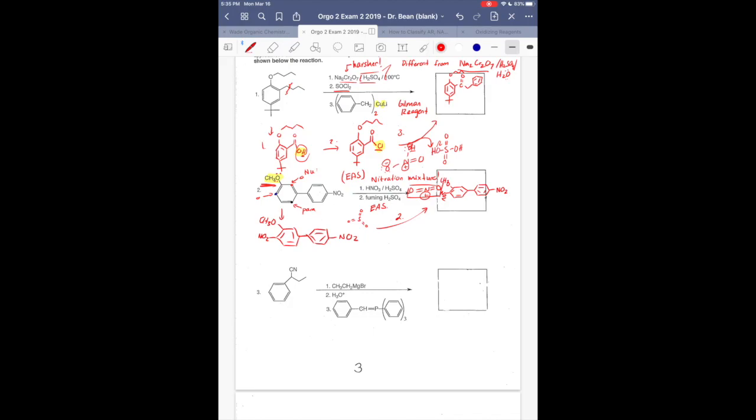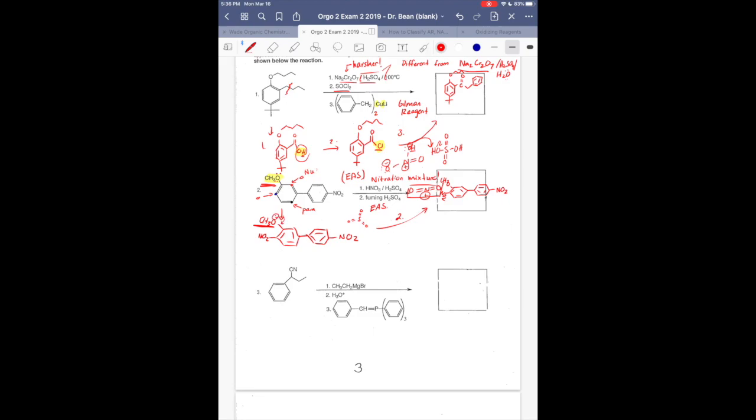So the one on the left, your answer should be the one on the left. And the reason why it's going to be the one on the left is because the one on the left has the electron donating group, which is activating in the case of EAS. It does have the electron withdrawing group. However, the one on the right only has an electron withdrawing group and does not have the strong electron donating group that the left one has. So that's why it's going to be that one, okay?